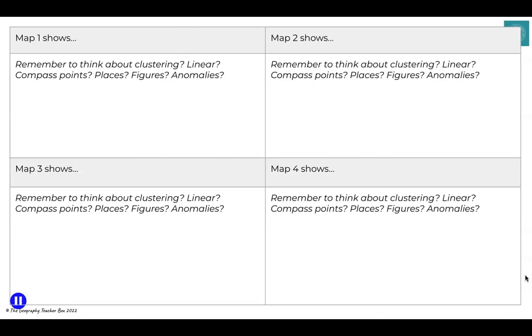Are we seeing it happening in certain areas, perhaps in the north or the south or the east? Or can you use place names to add to your description? Are there any figures that you can use? Is there anything that doesn't fit with what your overall pattern is? Okay, so again, I would suggest you perhaps pause it on this screen if you want to make a copy of that grid. Okay, so here are the maps that you're going to be looking at.